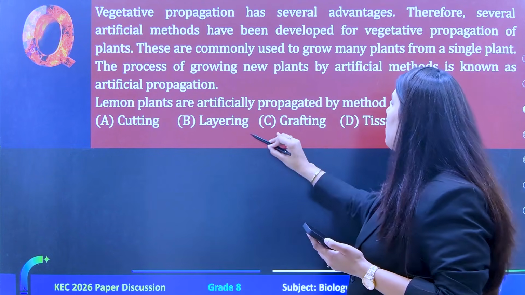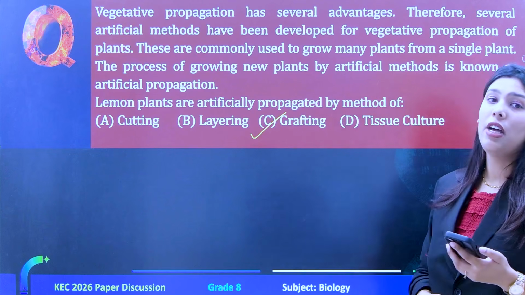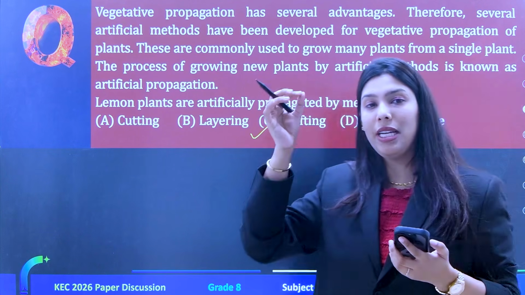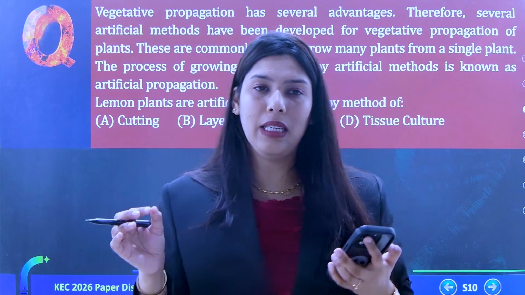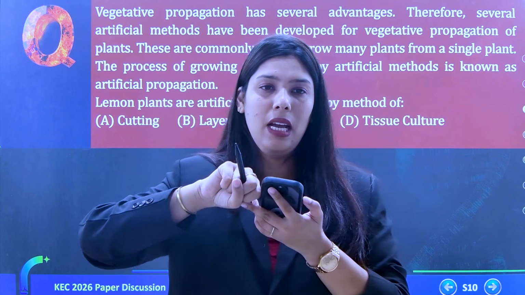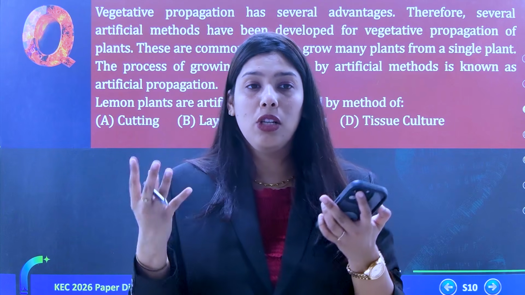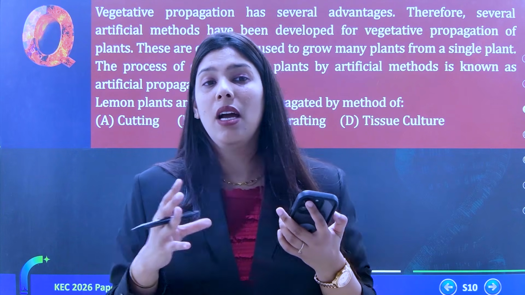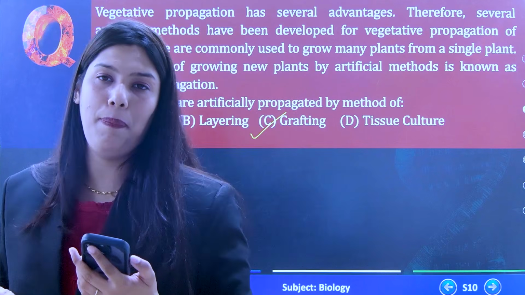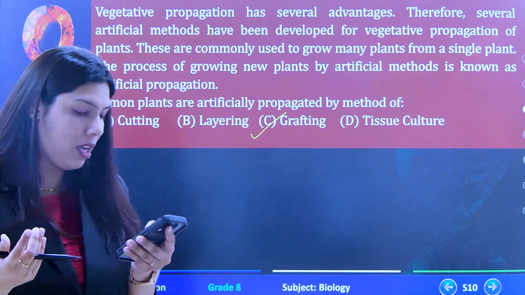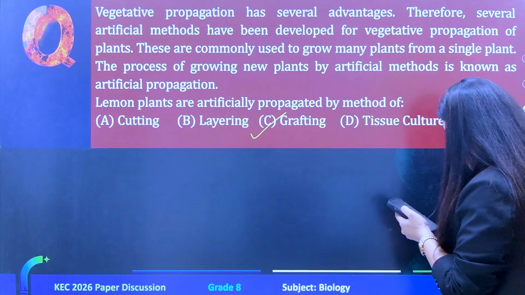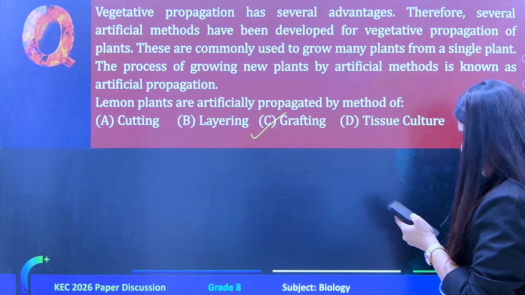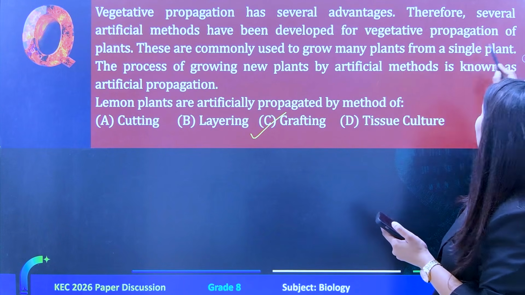Lemon plants are artificially propagated by the method of grafting. What was grafting? We take a scion and a stock from another plant and tie them up so that there is some mixing of the parts, and we get a good new output. Yes, he was correct, beta. Here C is correct.